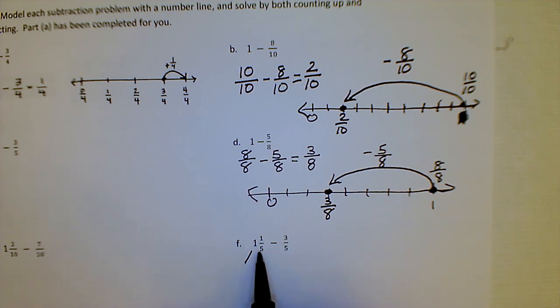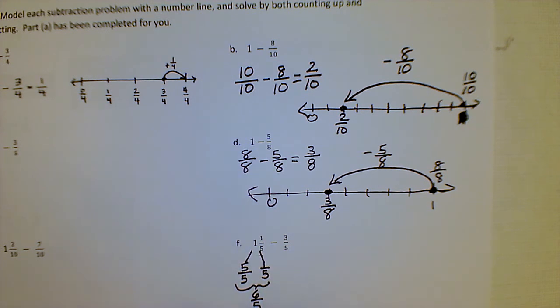So instead of writing 1 and putting the 1/5 here, which I can just bring down, this one has to be 5 fifths. Then I can put those back together. So I'm going to have 5 fifths plus 1/5 is 6 fifths. And that's what I'm going to be working with. So now what I have is 6 fifths minus 3 fifths.